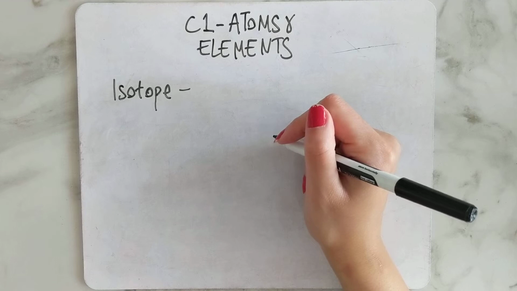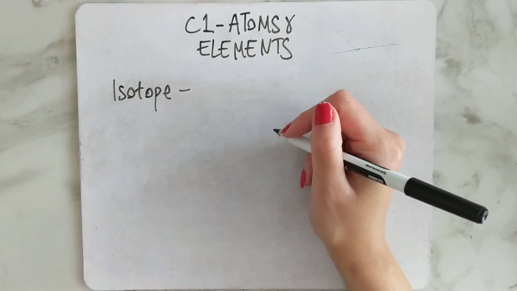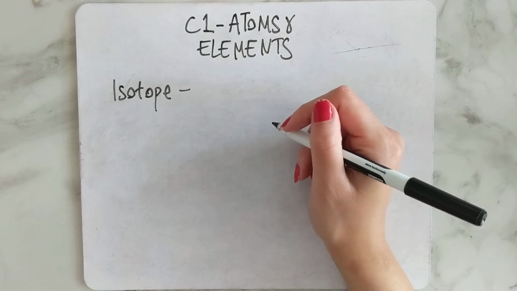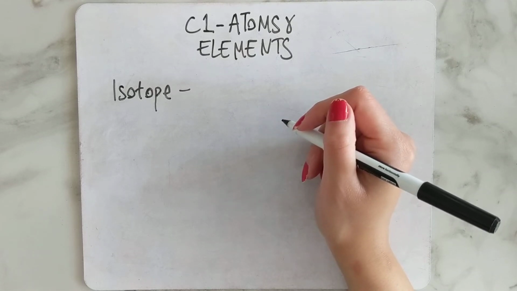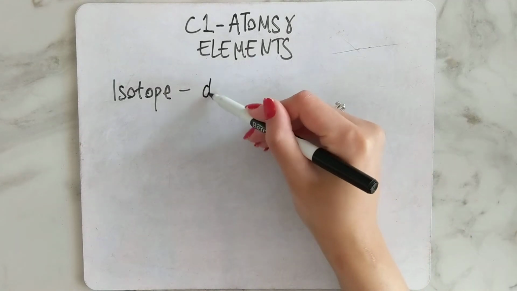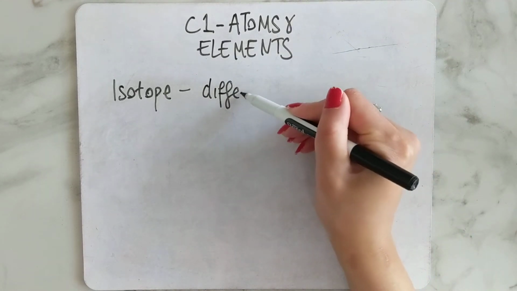You get ready salted, you get salt and vinegar, and you get cheese and onion. They're still Walker's. They're still the same crisp. They're still made from potatoes. They're exactly the same. The only difference is the flavour. And that's what isotopes are. Isotopes are different forms of the same element.